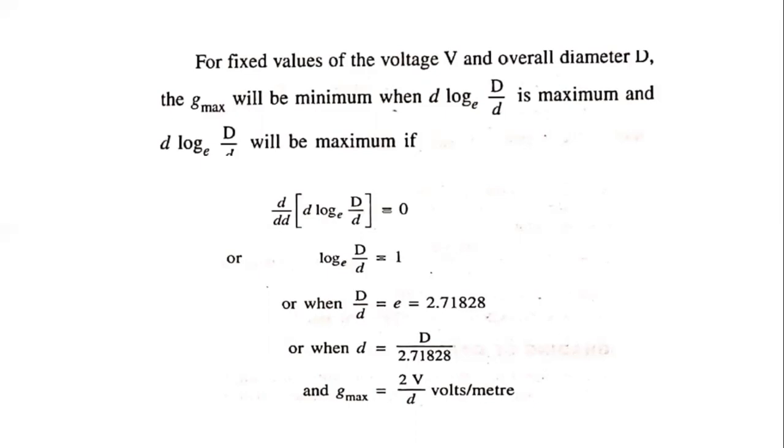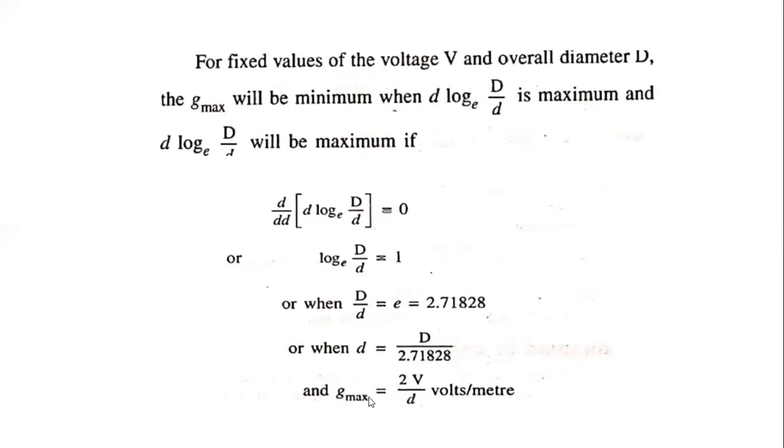By differentiating that G max value with respect to d and equating it to 0, we obtain the most economical size of a conductor. Log e D by d is equal to 1. Therefore D by d is equal to log e power inverse, that is equal to e. The e value is 2.71828, it is there in the calculator. Next d is equal to capital D by 2.718.